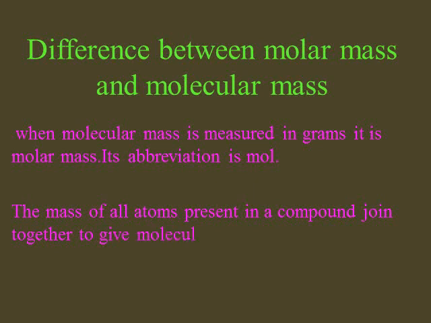The molar mass will be expressed in grams and molecular mass will be expressed in atomic mass units or molecular mass units. Now it depends whether we are taking atoms or molecules. And we know that when we talk about molecular masses, we take them with the help of relative atomic mass with respect to 1/12th part of carbon, which is taken as a standard. So this is the basic difference between the molar mass and the molecular mass.